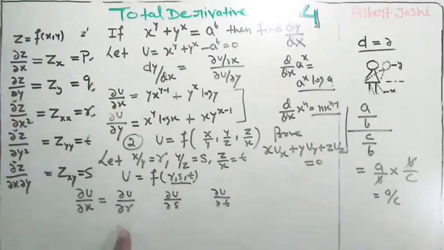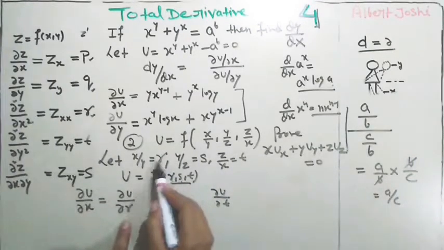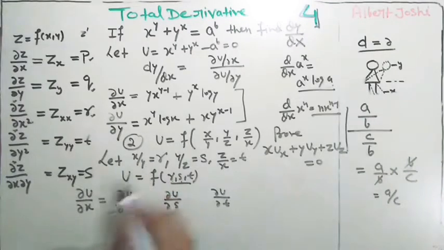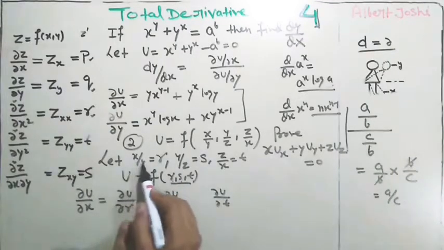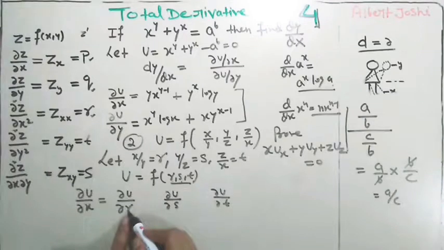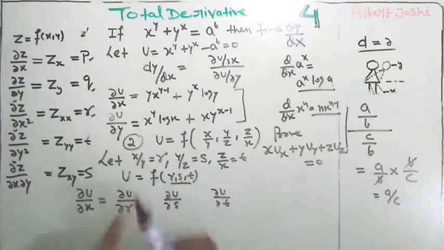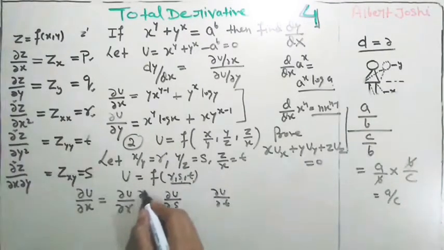After that, in the function r, there is a variable x. We are differentiating with respect to x. You can see that r is equal to x upon y. So in this r, there is x, which means you will differentiate this function with respect to x. It means del r upon del x.